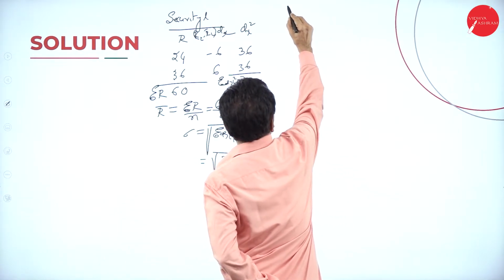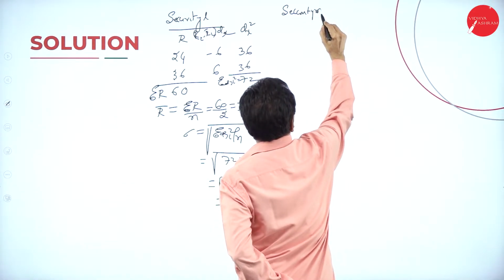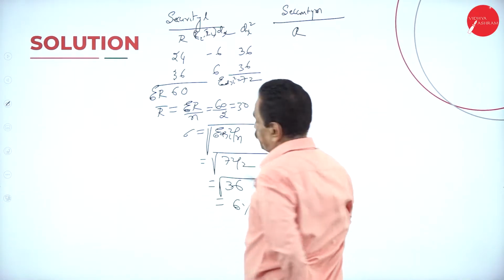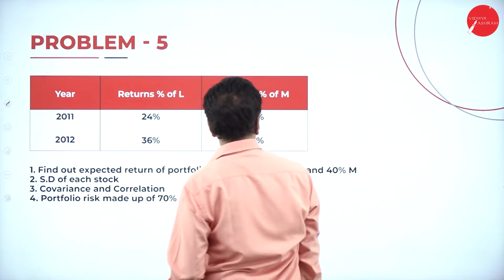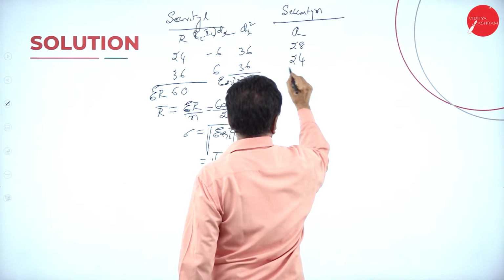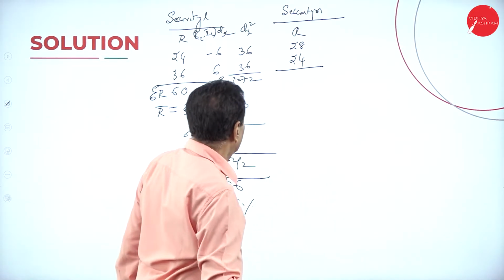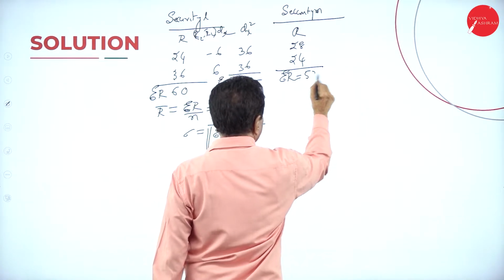Then security M, returns 28, 24. Add the figures. It is sigma R is equal to 52.